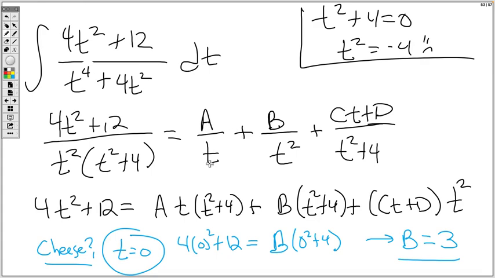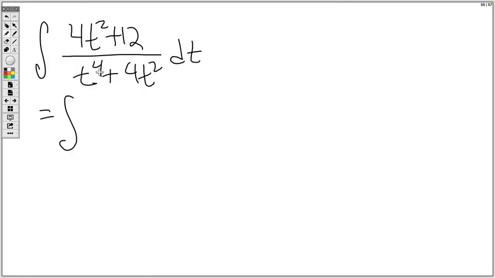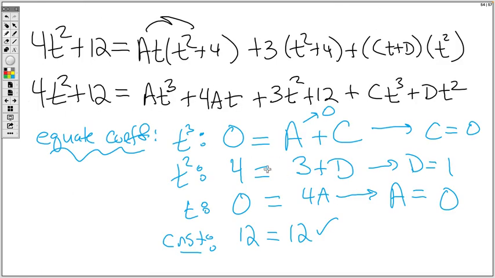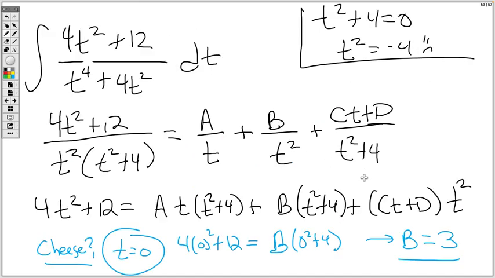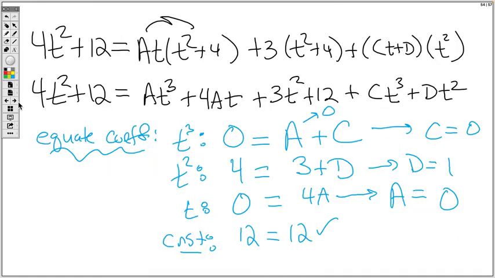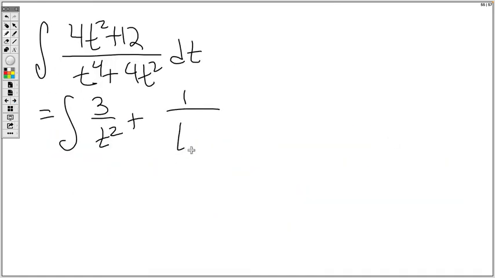Well, a over t, but a was what? 0, plus b over t squared plus ct over d over t squared plus 4, but what was c? And what was d? 1. You follow or not, folks? And now I can integrate this.